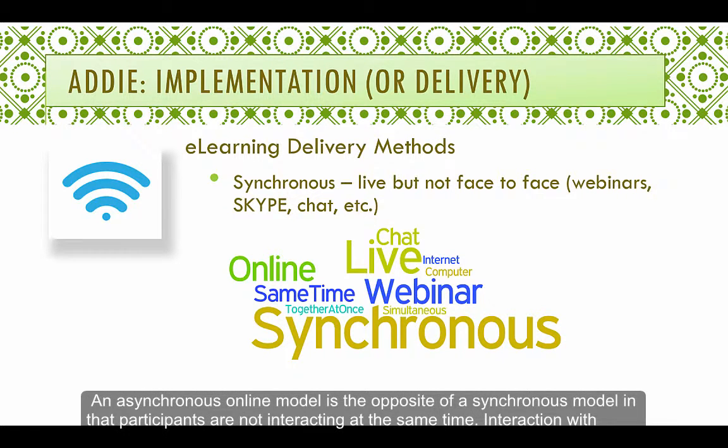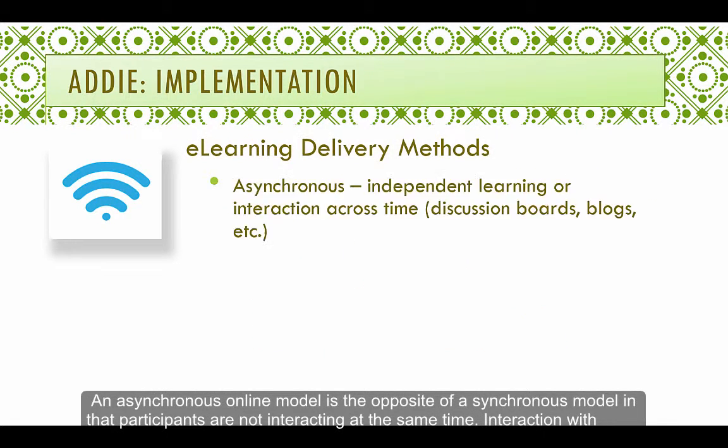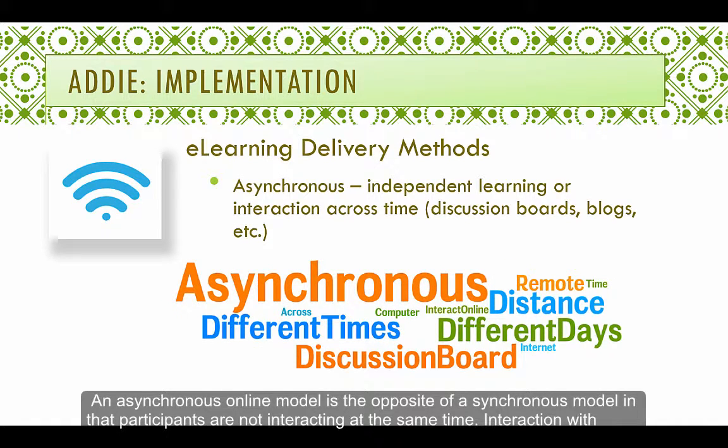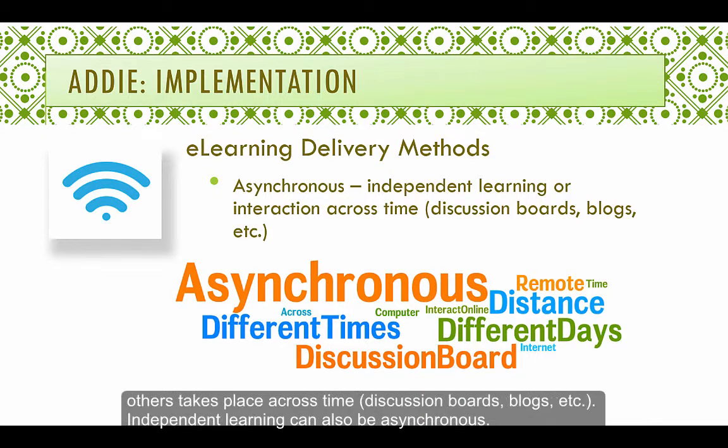An asynchronous online model is the opposite of a synchronous model in that participants are not interacting at the same time. Interaction with others takes place across time, using discussion boards, blogs, etc. Independent learning can also be asynchronous.